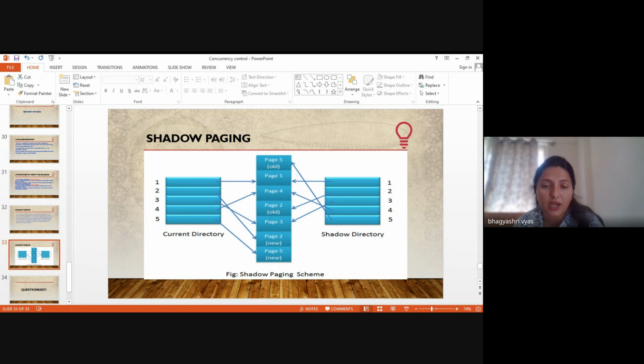Anyone having any doubt? Students, any student having any doubt regarding shadow paging? Please let me know if you have any doubt.